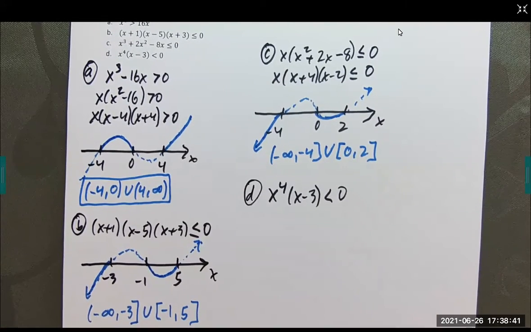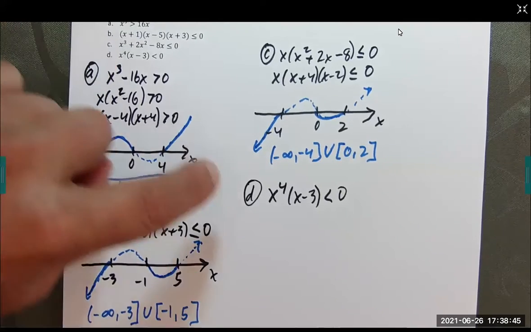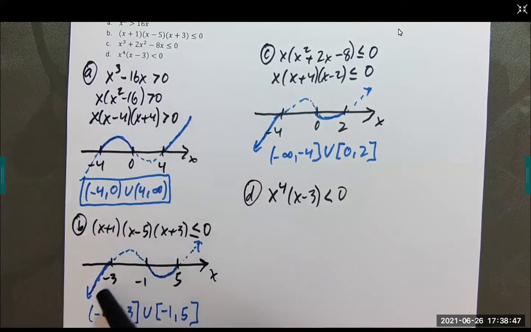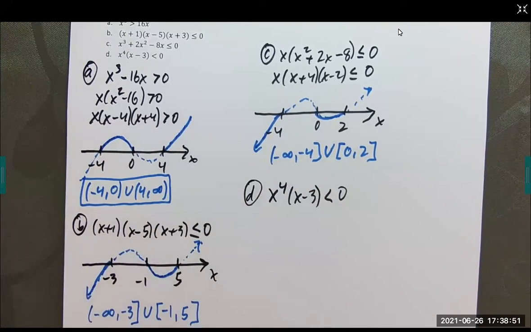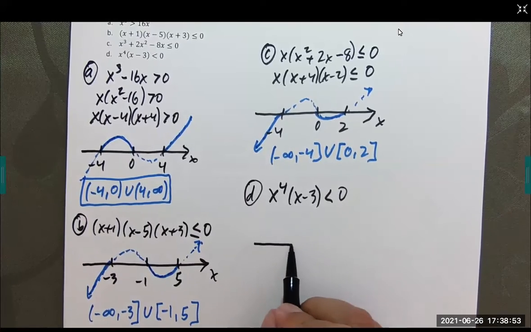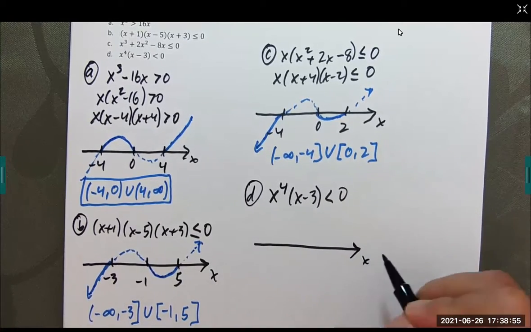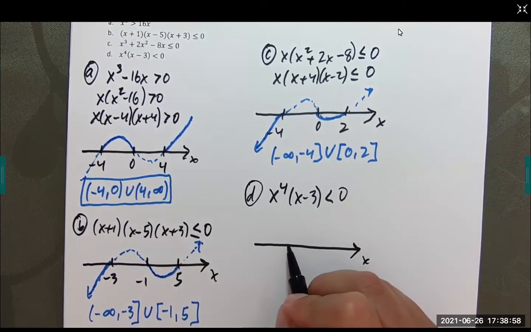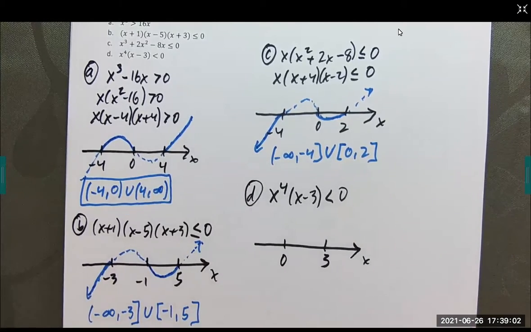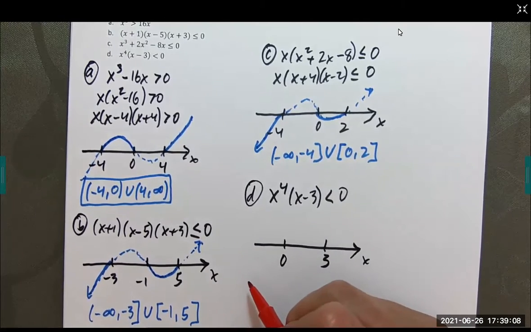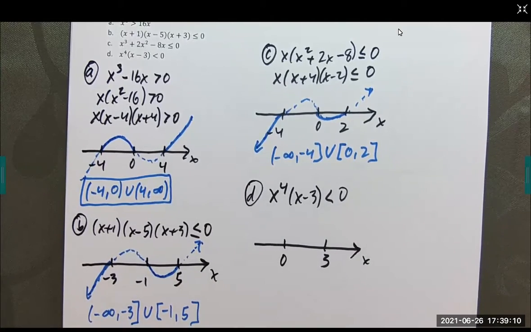And you'll notice overall we have a 5th degree polynomial with a lead coefficient that's positive, which means just like the 3rd degree, we're going to start down and end up. We have 0 and we have 3.